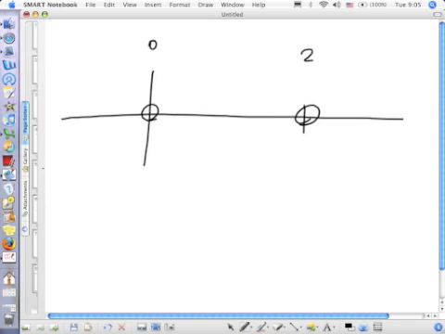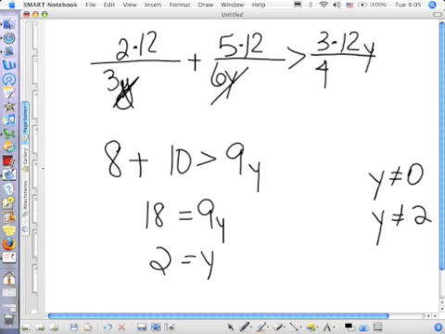Pick a test number. Right, and we're putting open circles. We should be putting open circles. Okay?